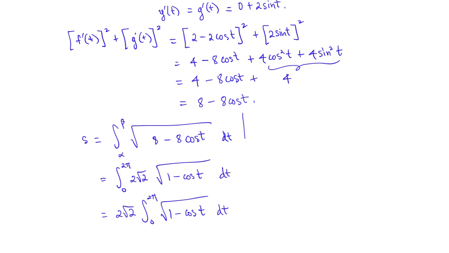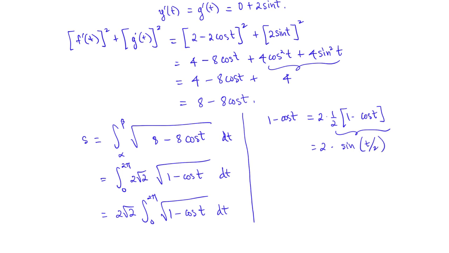We have encountered this integral when we did trigonometric integrations, but just to remind you, 1 minus cosine of t can be rewritten as 2 times 1/2 of 1 minus cosine of t. This will give us 2 times sine of t over 2, the quantity squared. This is the double or half angle formula.